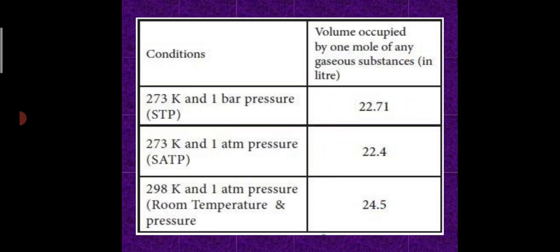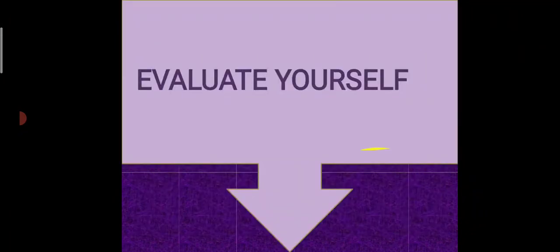So at 273 Kelvin and 1 bar pressure, the volume occupied by 1 mole of any gaseous substance will be 22.71 liters. Whereas at 273 Kelvin and 1 atmospheric pressure, the volume will be 22.4 liters. This whole table could be asked in 2 marks, or otherwise 1 mark also they may ask. And 298 Kelvin and 1 atmospheric pressure is room temperature and pressure, it will be 24.5 liters.